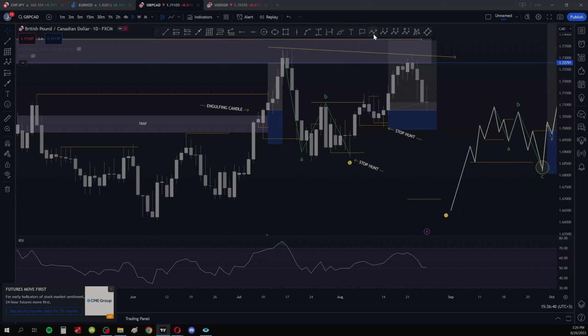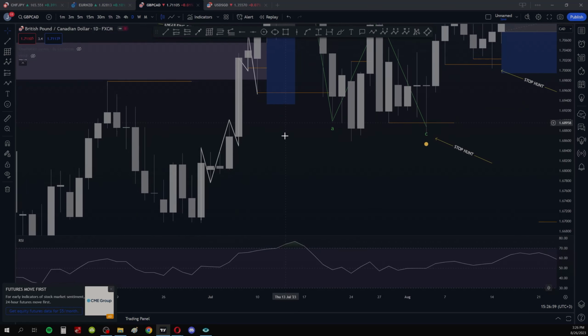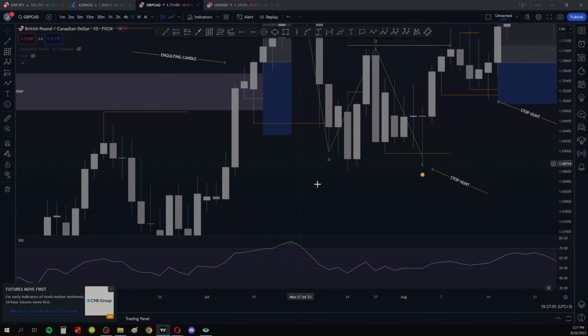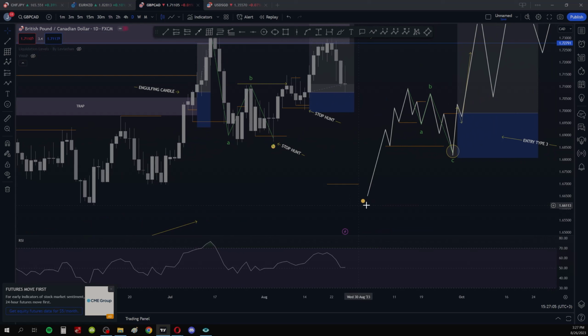If we take a look at the wicks, it went up, went down, went up, went down, up, down, up, and eventually it got broken. Okay, 1 2 3 4 5 6 7 waves up, one wave down here. And that's also kind of what I have here.